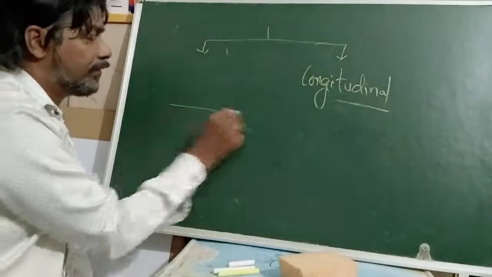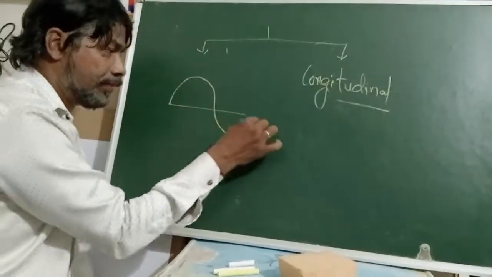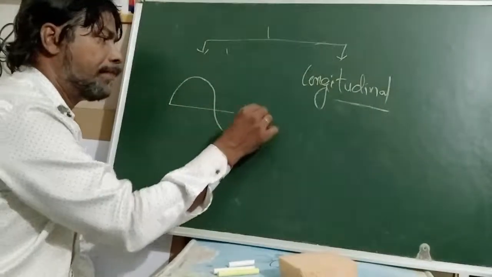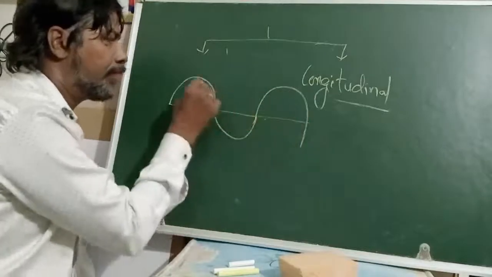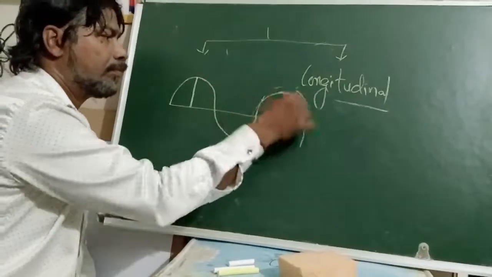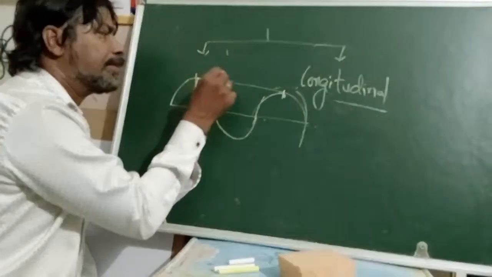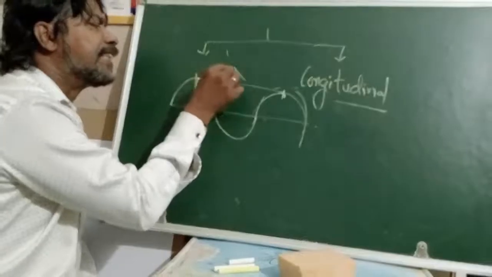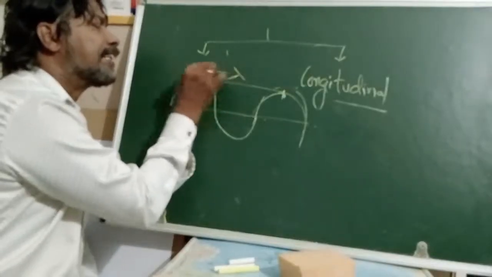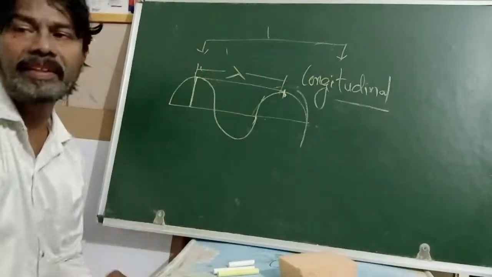Wavelength. So for transverse waves, suppose this is the highest point. The distance from this point to this point is called wavelength, denoted by the Greek letter lambda.